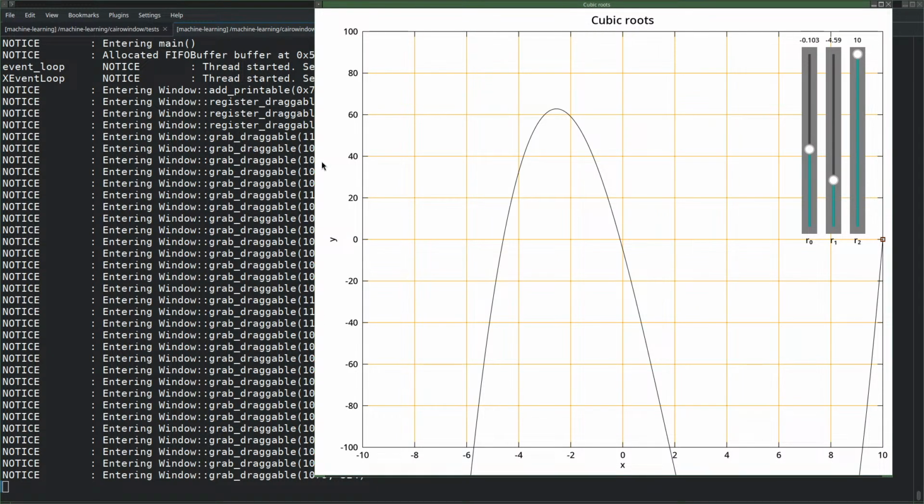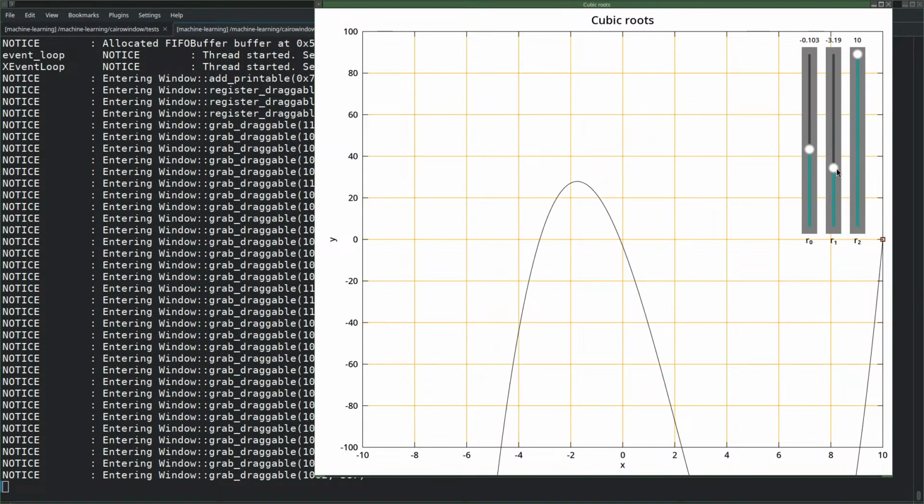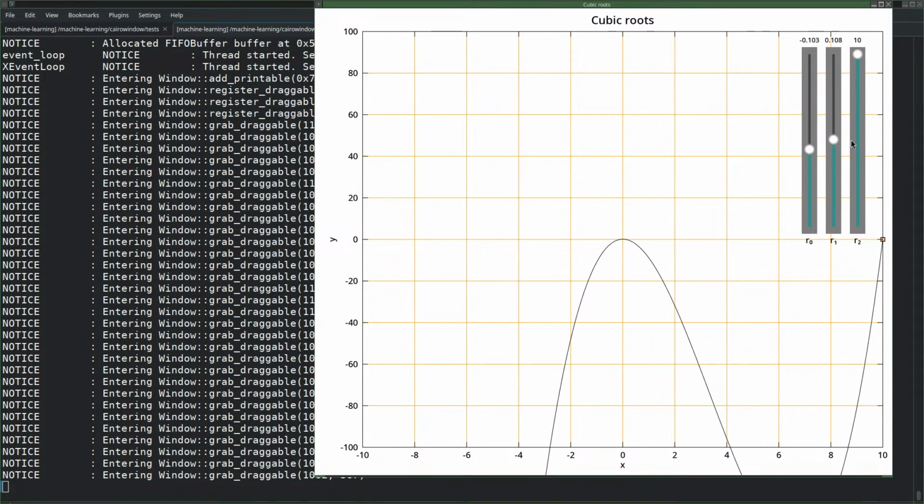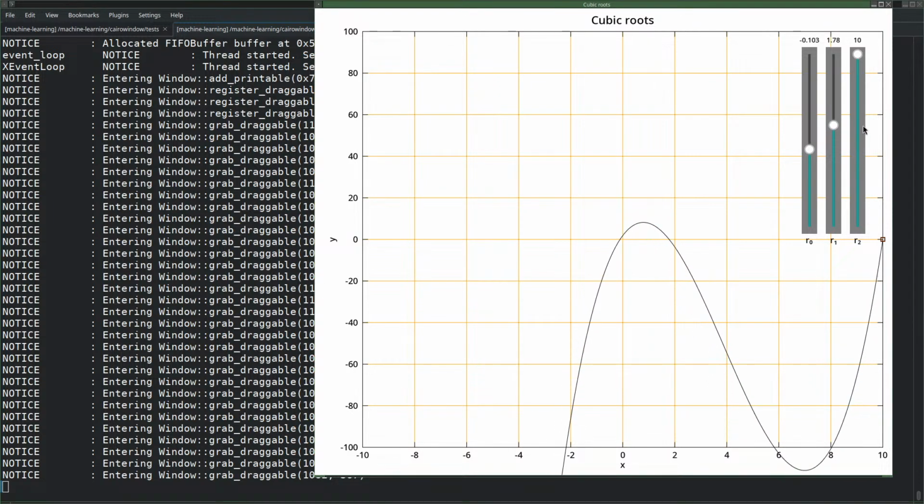Yep. Then if the value at x maximum, so that is this value, is, well, I don't know, significantly larger than, I don't know, larger than what?